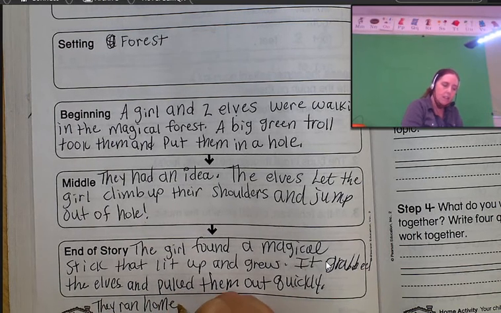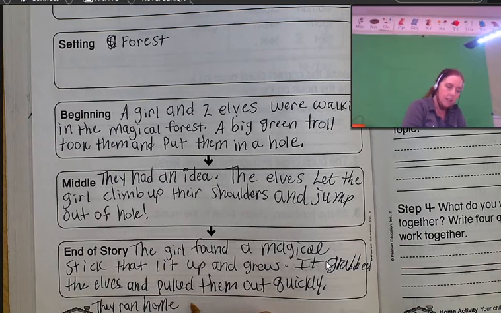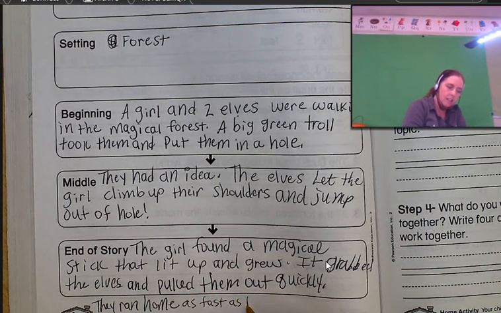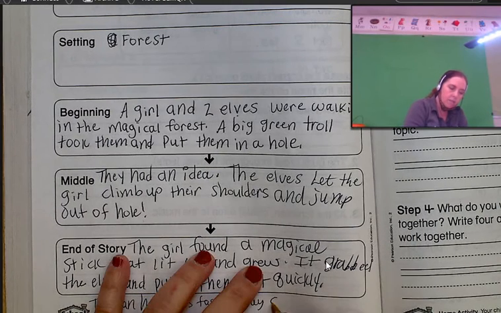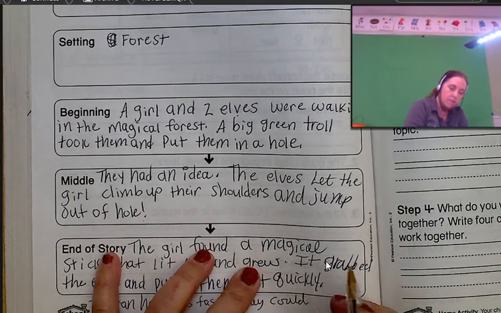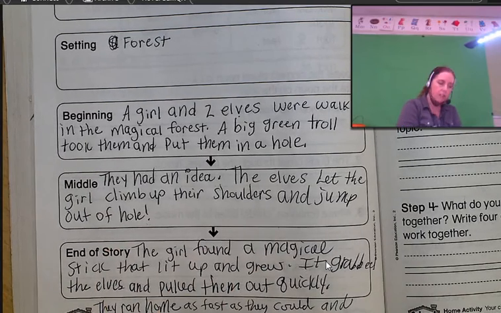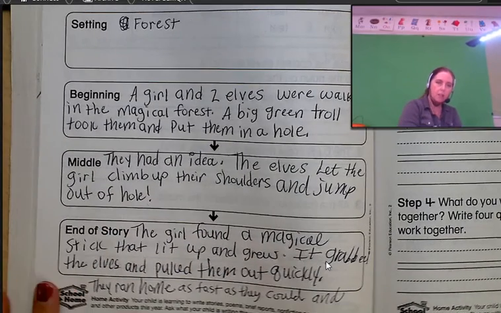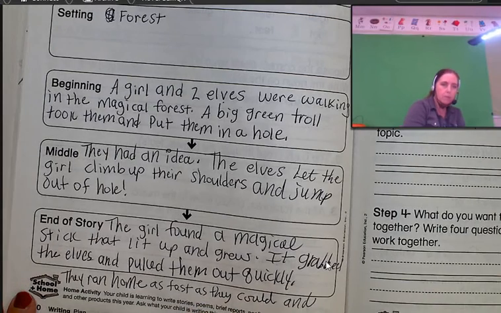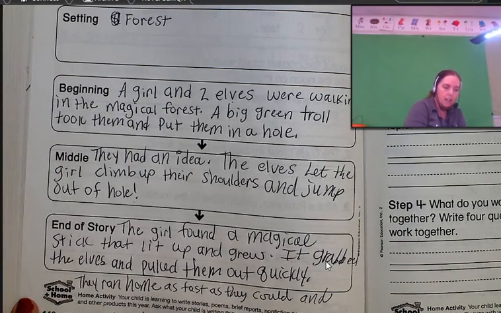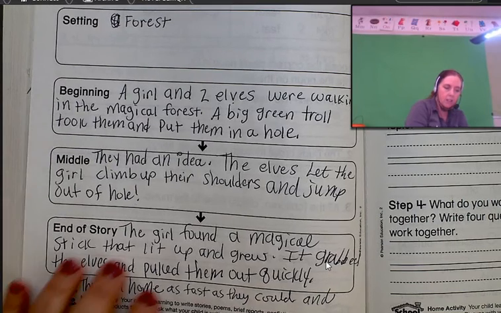They ran home as fast as they could and lived happily ever after. I'm running out of space. I'm going to go down here. But sometimes we run out of space. And they lived happily ever after.